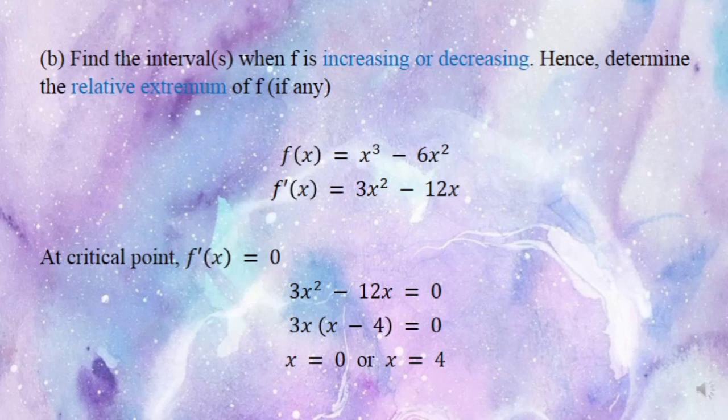Here, we have two choices, whether to use factoring or the product rule, depending on your equation. At the critical point, f prime of x equals 0, so 3x squared minus 12x equals 0. The values are x equals 0 and x equals 4, which are the critical numbers for the function f.